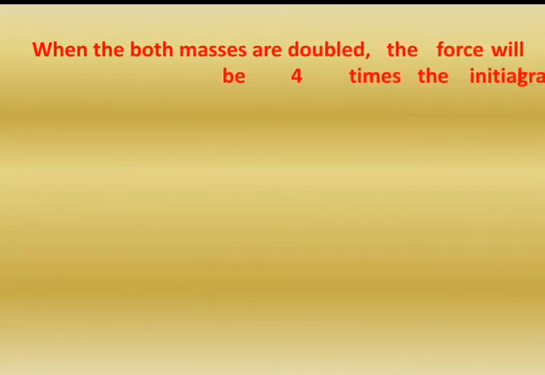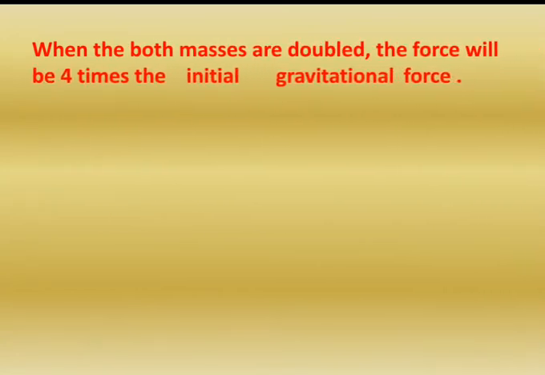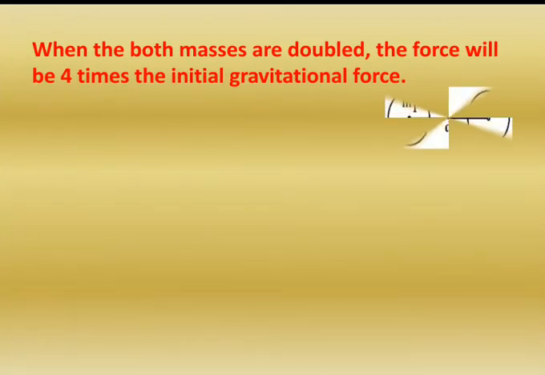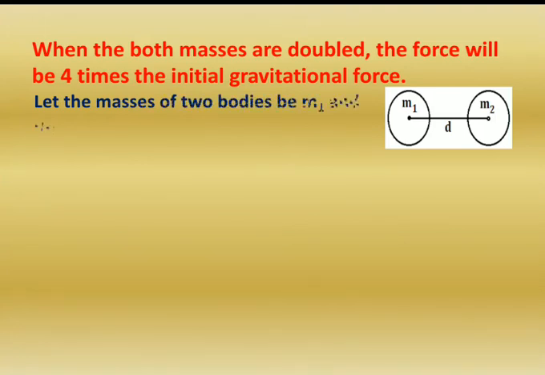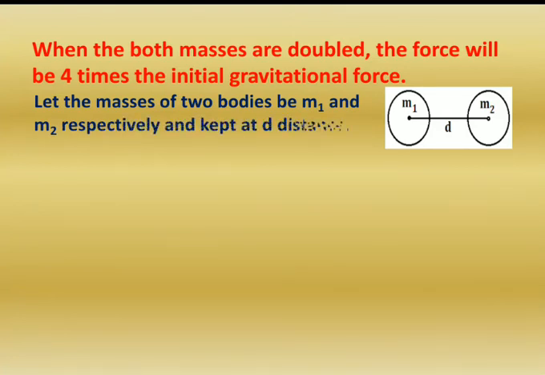When both masses are doubled, the force will be 4 times the initial gravitational force. Let the masses of two bodies be m1 and m2 respectively and kept at distance d.